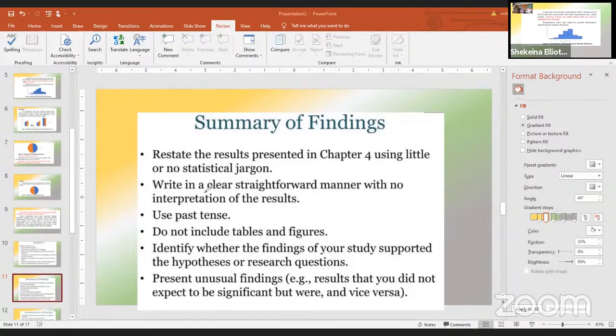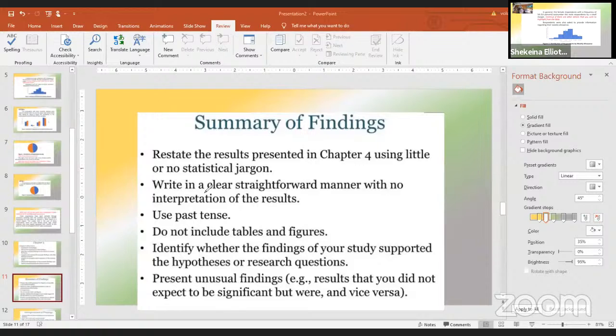Then it says to write in a clear, straightforward manner. No interpretation of the results. So now in your findings, this is how you interpret it, and you are expressing yourself. It's like Marcella got a cut on her face. You cannot write back, Marcella's got a cut on her face.